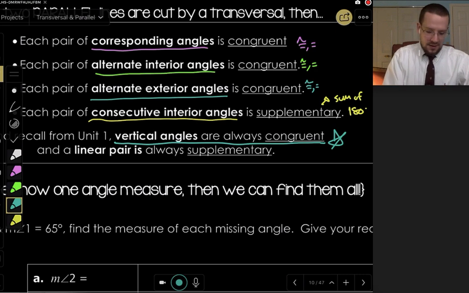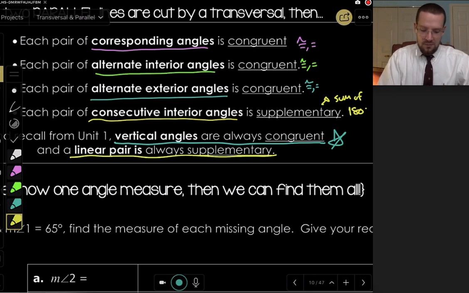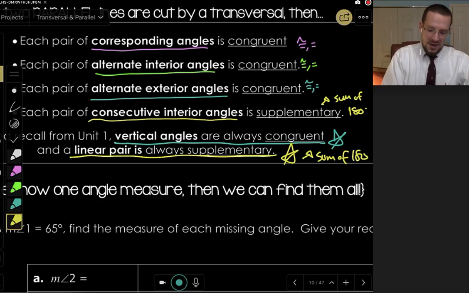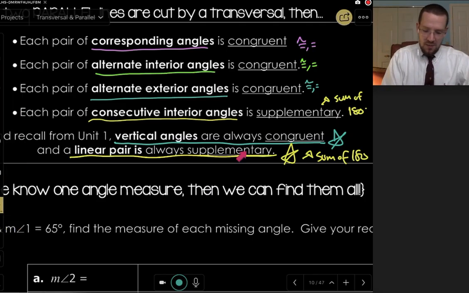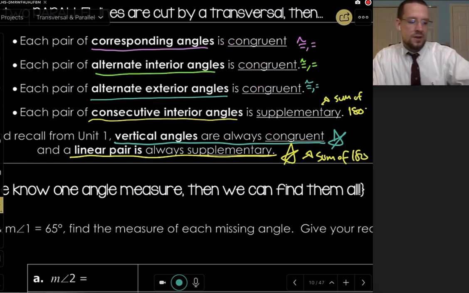Remember that. And also that linear pairs are always supplementary, and again, that is that sum of 180. I'm going to be using these two properties, the idea of a vertical angle and a linear pair, to get me through to the next step in this phase.